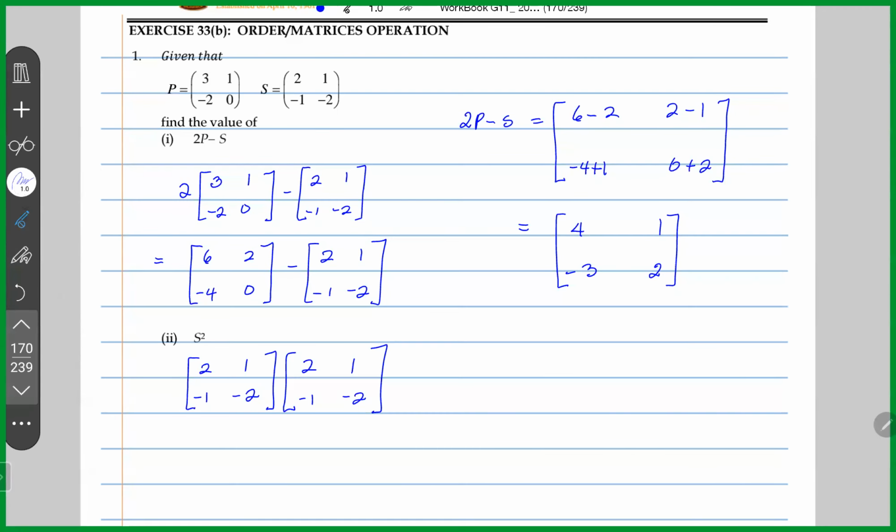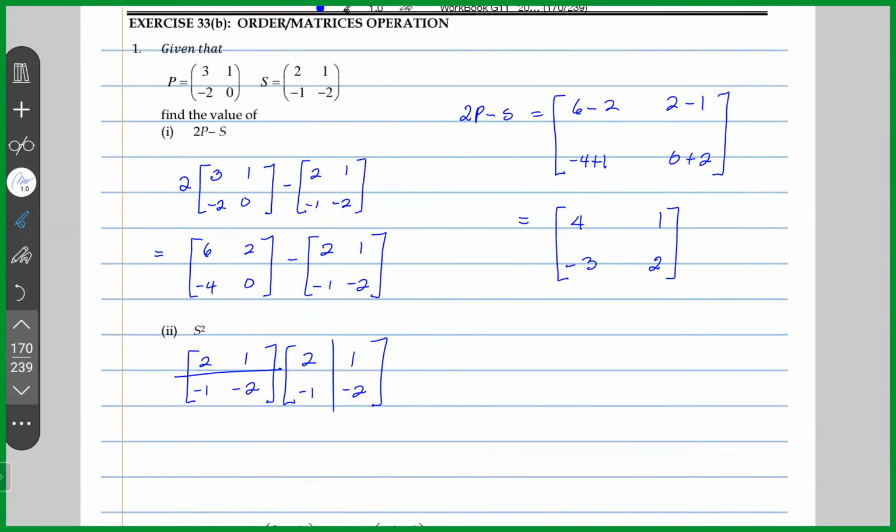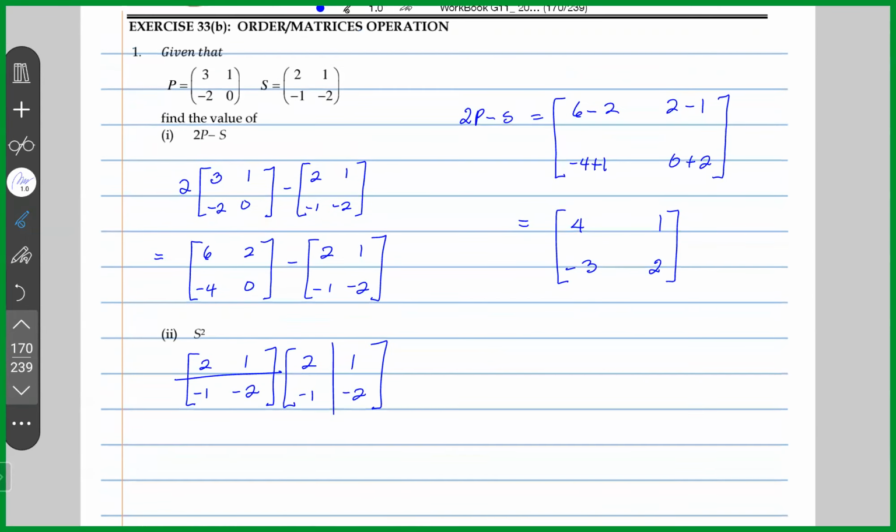Now, whenever we multiply two matrices, we multiply what? The rows of the first matrix by the columns in the second matrix. Every time we multiply a row by a column, we get an element in the answer. So if we multiply the top row by the left column, we're going to get the top left element in the answer. So first, second, first, second.